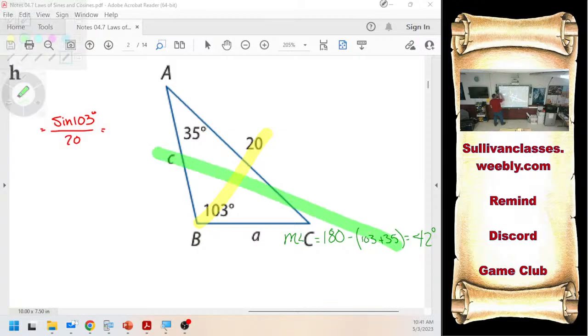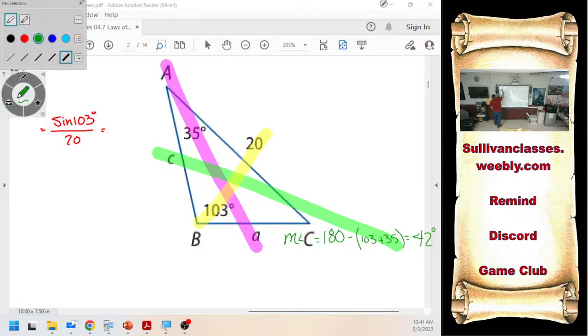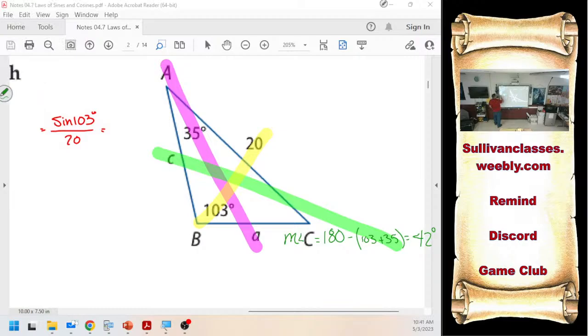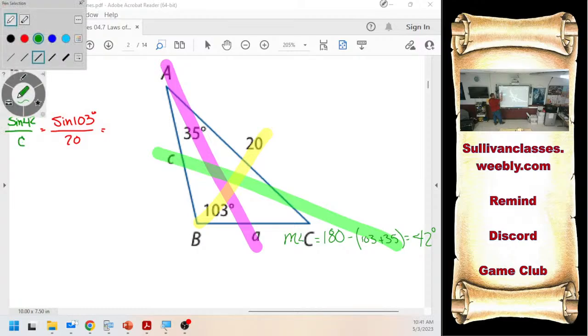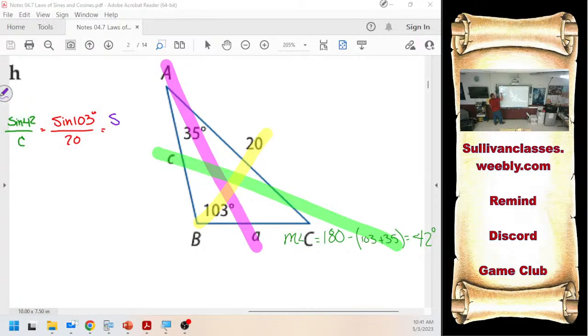That guy and, nope, that guy. Okay, it's always the side with the angle across from it. And when I set these up, we had now sine of 42 over little c and sine of 35 over little a.